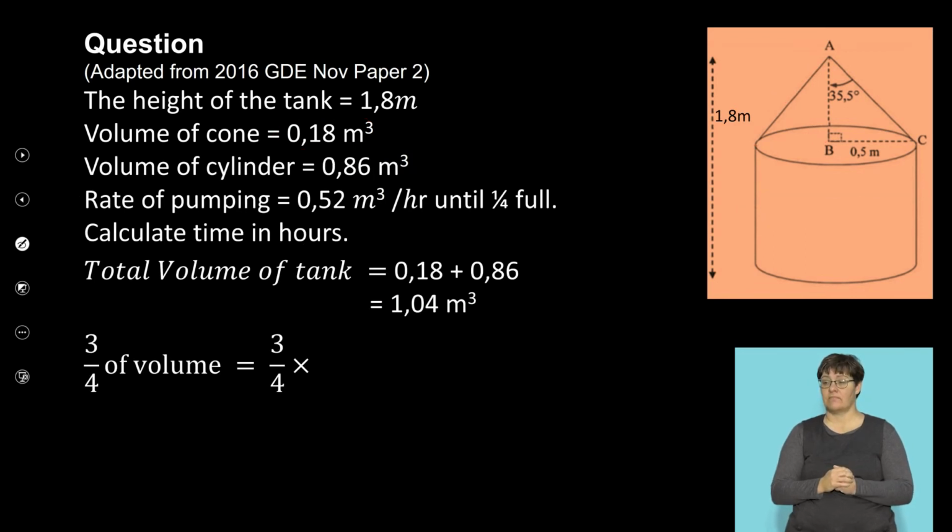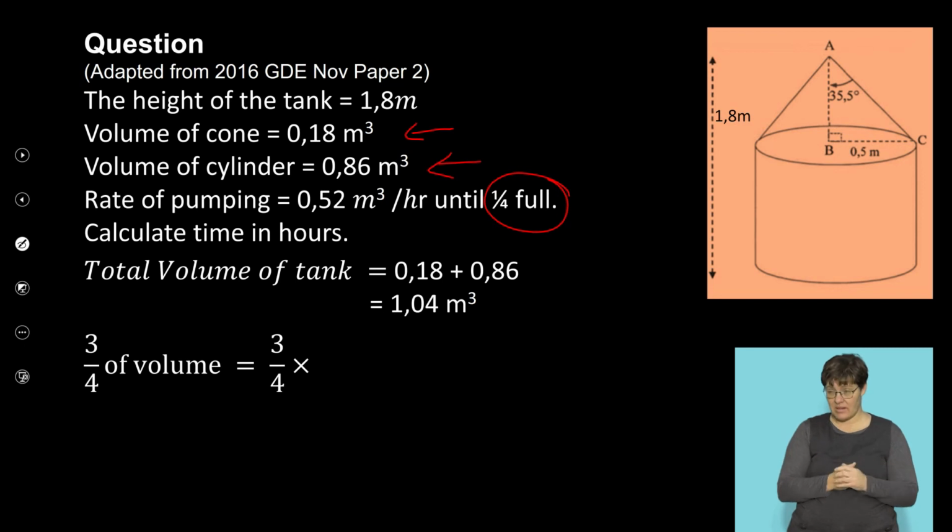So now at this point, we have the volume of my cone and we have the volume of my cylinder. So we know that the rate of my pumping is 0,52 meters cubed per hour until it is a quarter full. So we've worked out the volume of the cone and the volume of the cylinder.